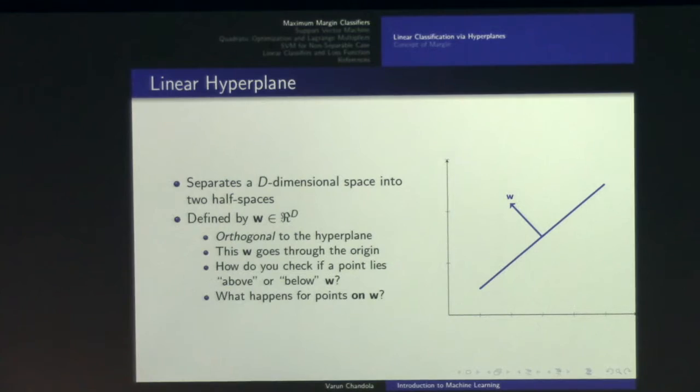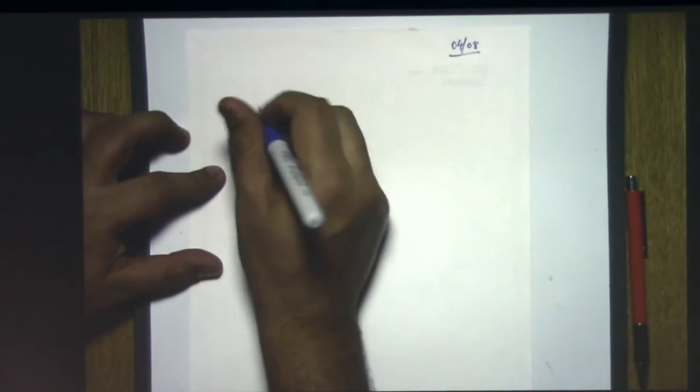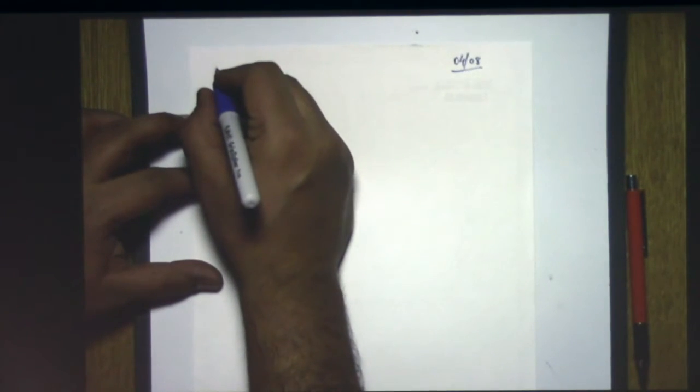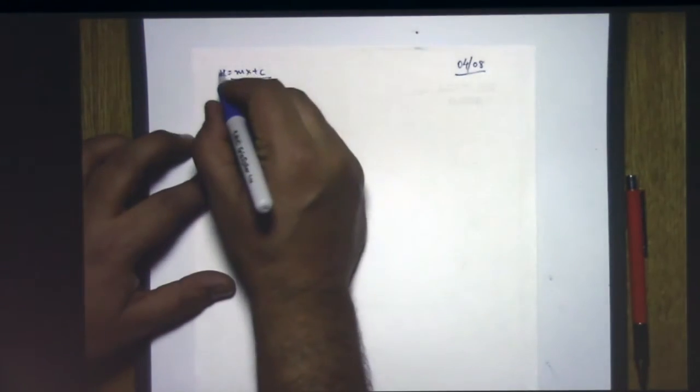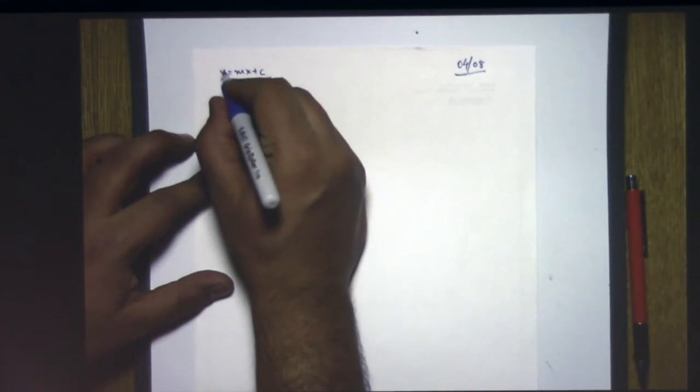Now you must have, in geometry in high school or college, you would have looked at lines, right? So typically we express lines as this. Okay, so y equal to mx plus c. That's one way to express a line, right? So I'm going to not write y because y is something else, but let's say we have two attributes, x2 and x1.